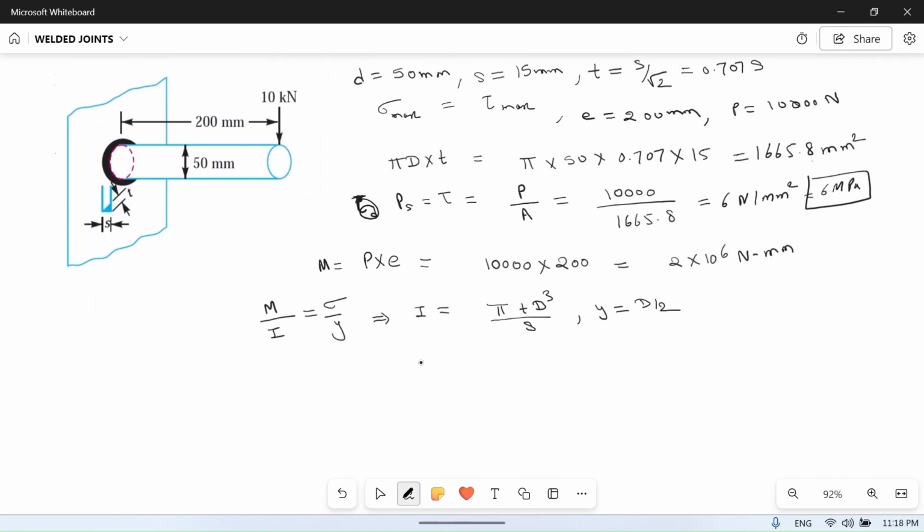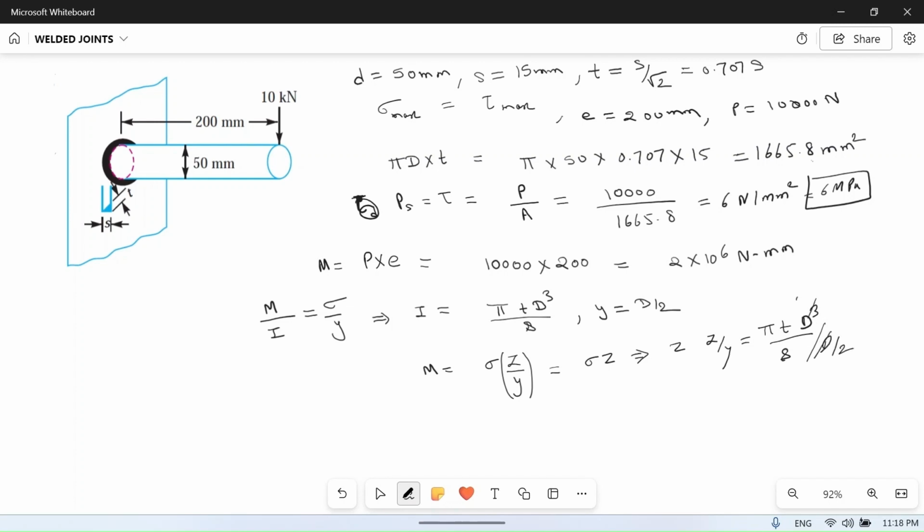So M is equal to sigma into I upon y, and this I upon y is the section modulus Z. So what will be Z? Z is I upon y, which is pi t d cube divided by 8, divided by d by 2.